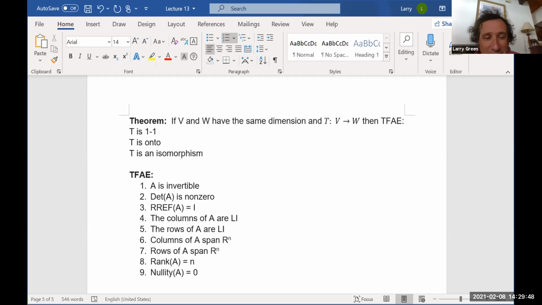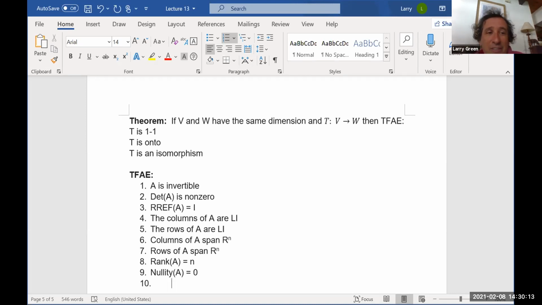And the dimension of the null space must be 0 for A to be invertible. Is that clear? I'm not sure if I've written that one down, but we've talked about nullity, so I figured we should probably write that one down. And remember the rank plus the nullity is equal to n. So if n plus something is n, then that something must be 0. It's another way of looking at it.